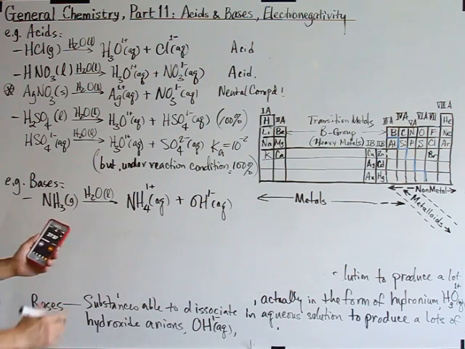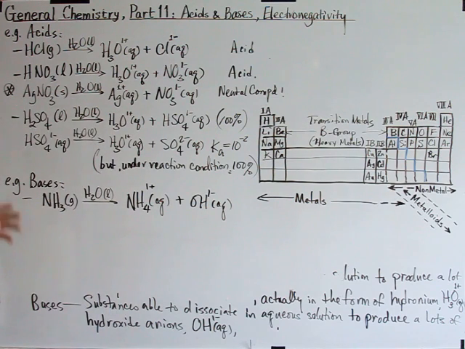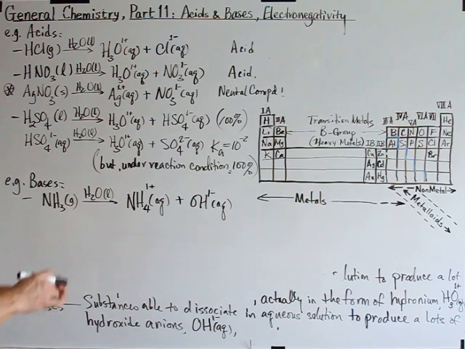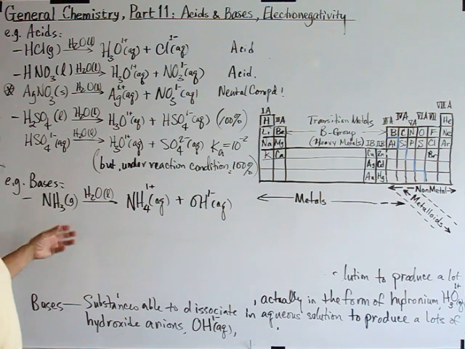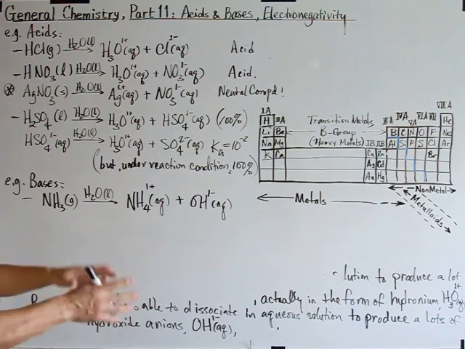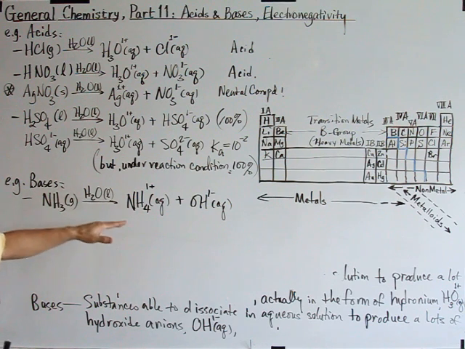Then we cited just one of the weak bases. Now we're going to introduce some strong bases, much easier to handle. This is a weak base, ammonia gas. People ask, what is the acidity of this compound? Is it an acid or a base? It is very basic. Why? Because if you bubble the ammonia gas into water, dissolving readily, it becomes a solution with a cation called ammonium, NH4+.